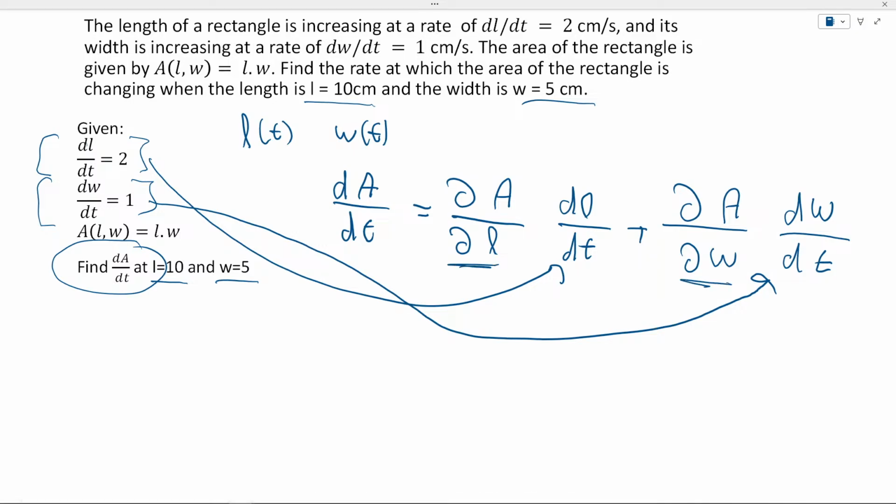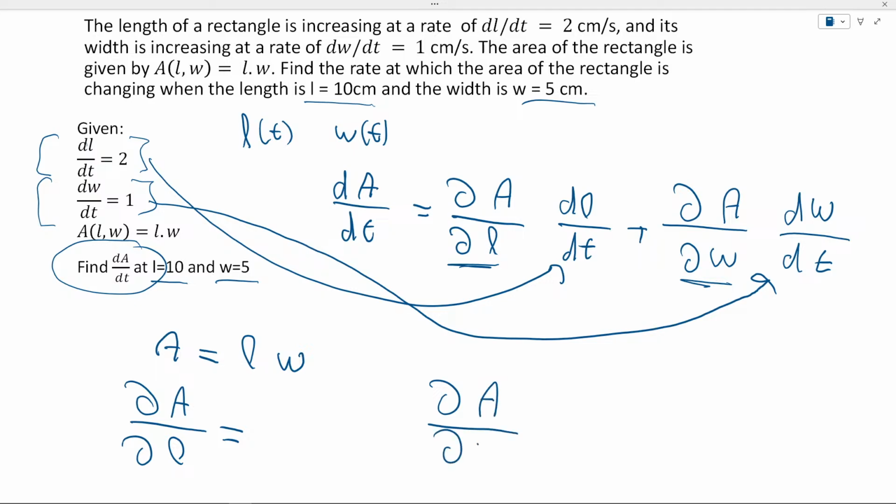So this is my equation: I have area equal to LW, and I want to find partial area with respect to L, and then partial area with respect to W. So that's basically what you need to find. After you find this guy, you substitute this guy here, and then you are done.